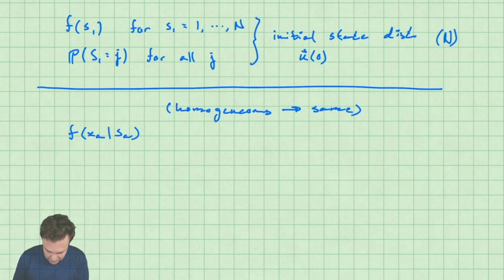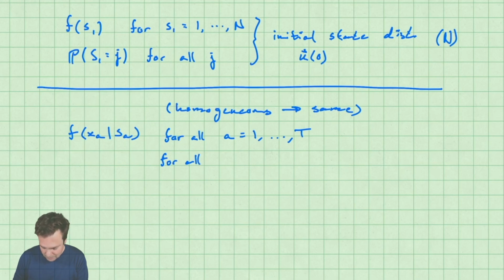But what you need is, for all a equaling 1 up to capital T, right? Those are the times. And you need this for all xa. And how many values will we say there are of those? This is the state dependent process. I don't know how many values, it's not n.